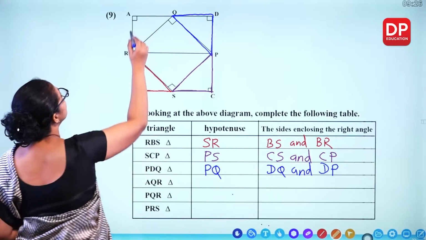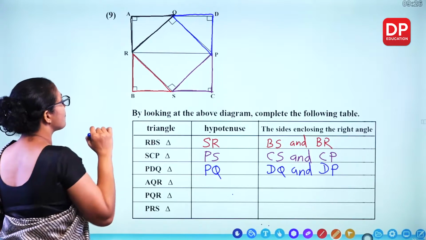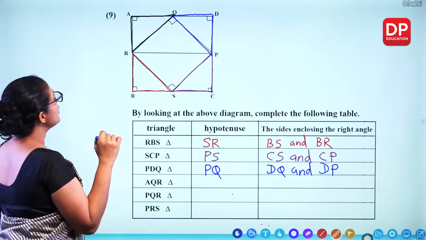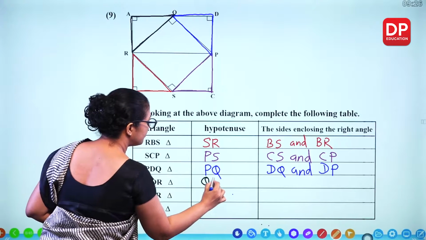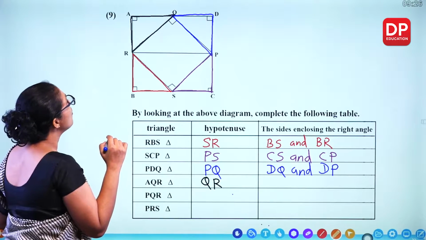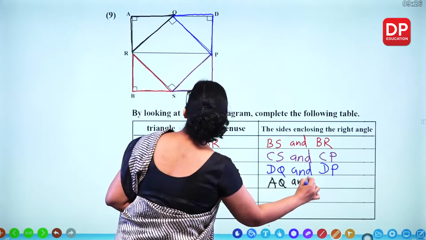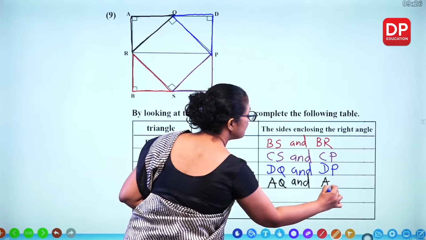AQR. This one. What's the hypotenuse? QR. And what are the two sides? AQ and AR.